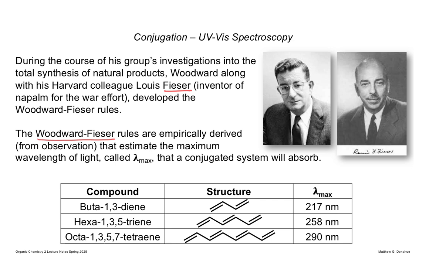And then he worked with Fieser to develop this set of empirical rules. Empirical just means based on what they're observing. It's not coming from theory at all. And really, what it's used for is to estimate lambda max. What is the wavelength at which we should see color from this conjugated system?